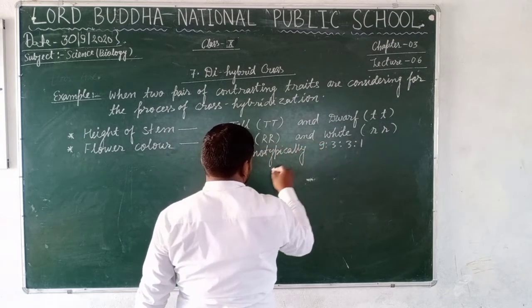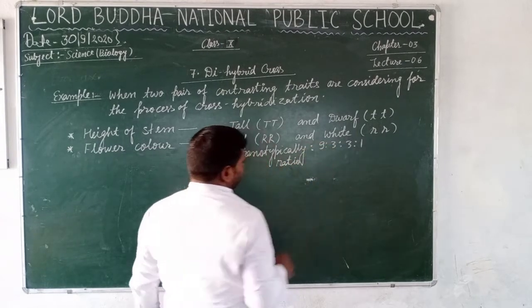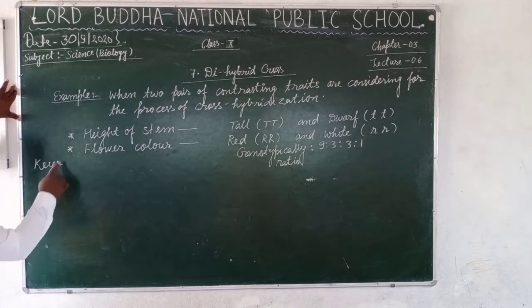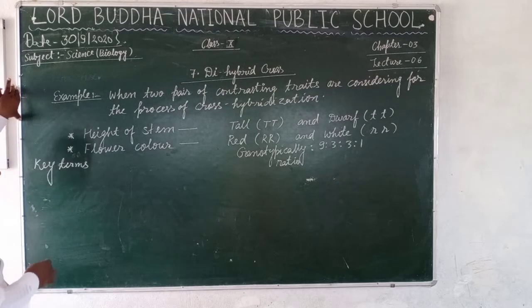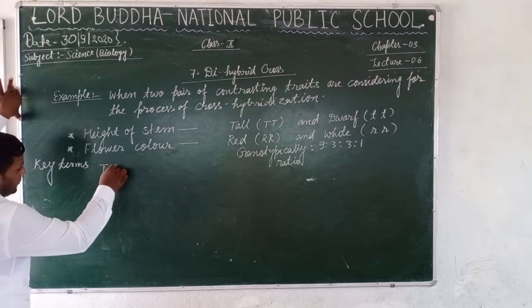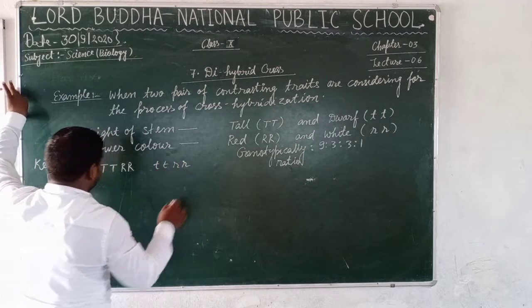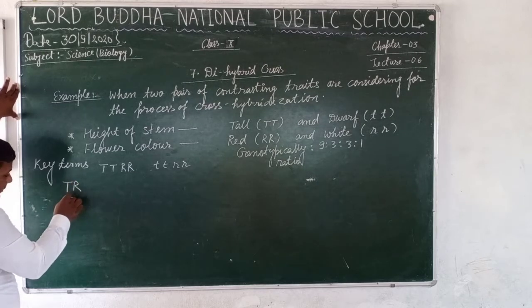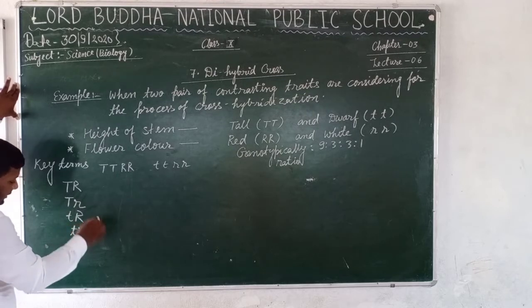So students, what are the key terms for these contrasting characteristics? The key terms for the process of cross hybridization from capital T, capital R, small t, and small r will be capital T capital R, capital T small r, small t capital R, and small t small r.